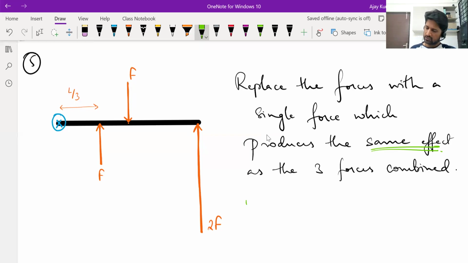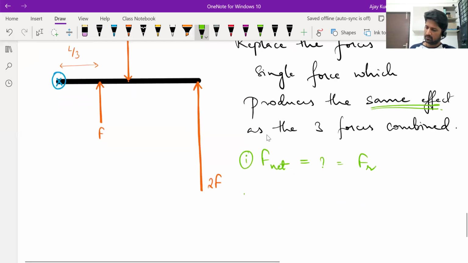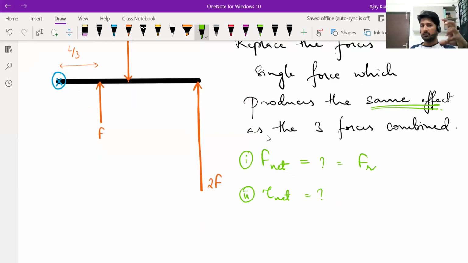So first thing you have to do is find the resultant force of these three vectors. Let's call this FR, the resultant. Next, find out the net torque produced by all these forces. Whatever net torque these three forces are producing, the same amount of net torque the resultant force must produce. Now you know the resultant force from the first step, and you know how much torque it should produce from the second step.